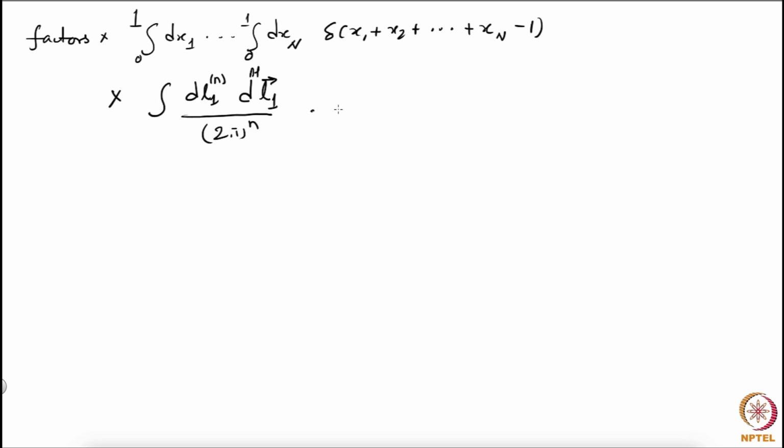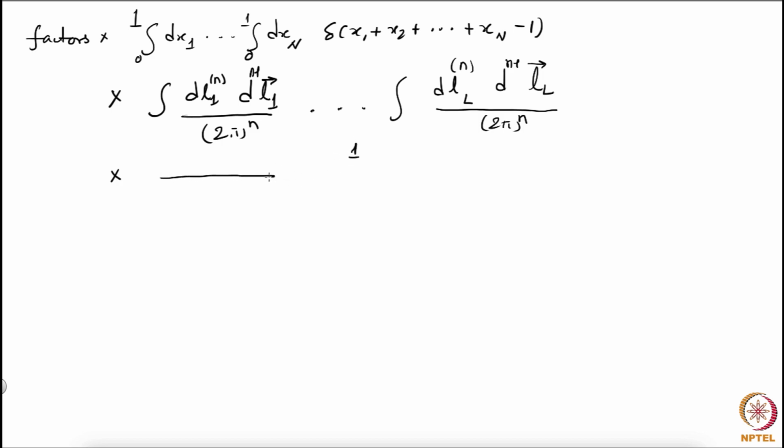For each loop momentum you have this d^D L over (2 pi)^D, because you have L loop momenta. Good, and then you should check that this is the result you are going to get, times 1 over (L^2 minus capital M^2) to the power n. I have renamed the loop momenta again to L; since L is a dummy variable, I'm writing the result this way.